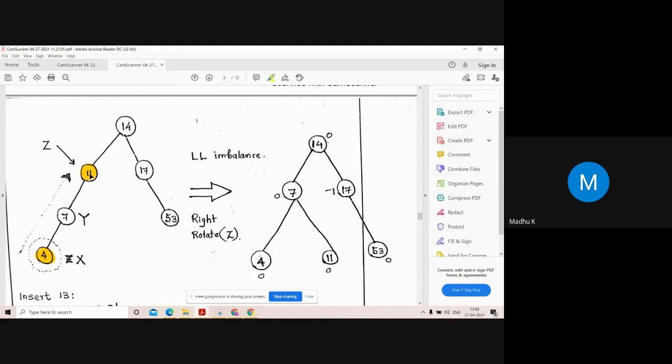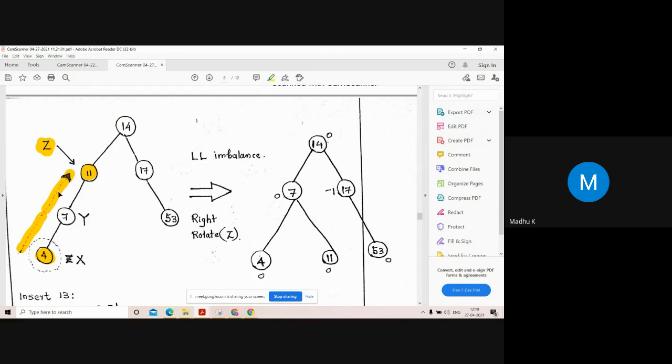So I marked it as Z. Now, because of this insert, this imbalance is coming. So this is the path. You can note this path. This is very important. This is the path.